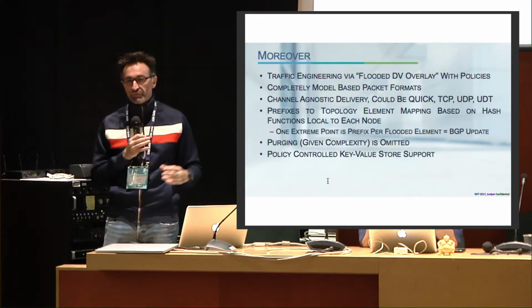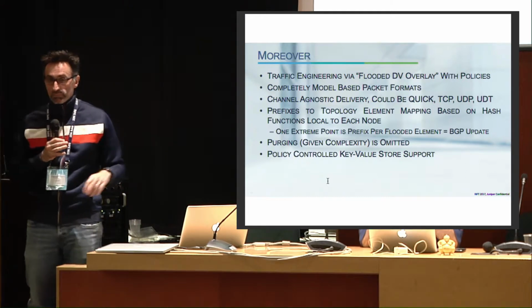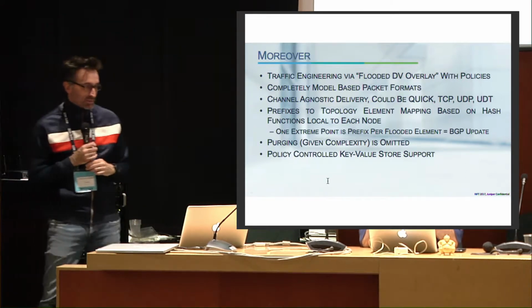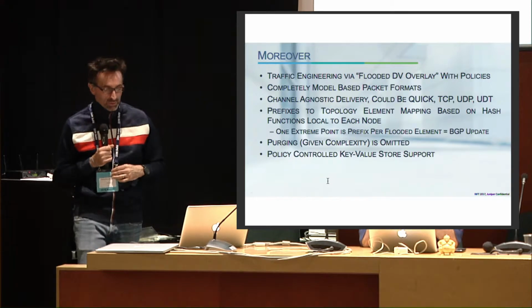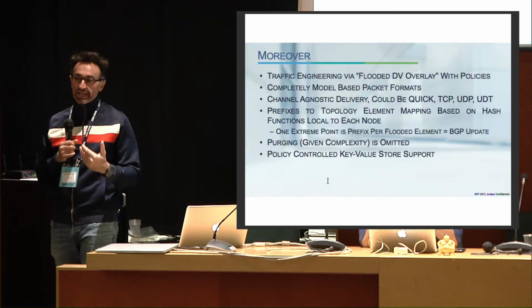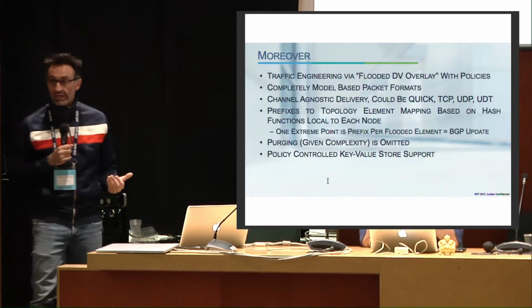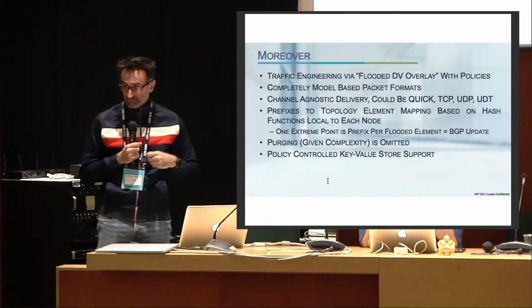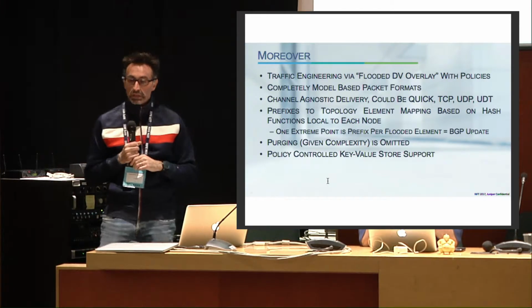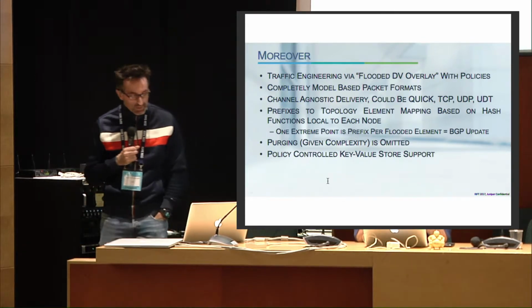Today, the draft defines some communities in order to achieve some use cases. But of course, we can expand a lot the use cases. And with policies, we can do traffic engineering because we can accept and we can install next hops based on policies. So I can choose a path based on policies, very similar to what's achievable with BGP.